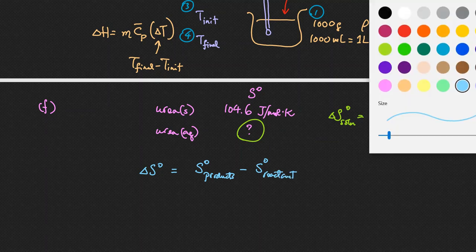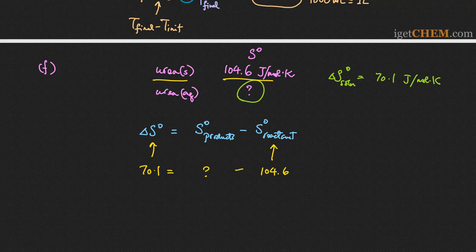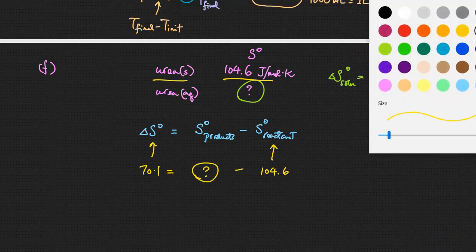The delta S for the reaction in this case is given, 70.1. The entropy content of the reactant is also given. There's only one, which is just the solid urea, and that is 104.6. And this is the number we want to calculate, the number in question mark. So you can easily just do the arithmetic.